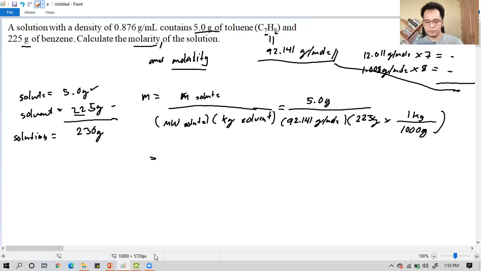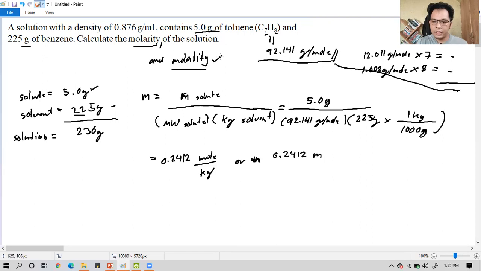And that would be 5 grams times 92.141 times 0.225, and the answer is 0.2412 moles per kilogram, or just M, or 0.241 M.